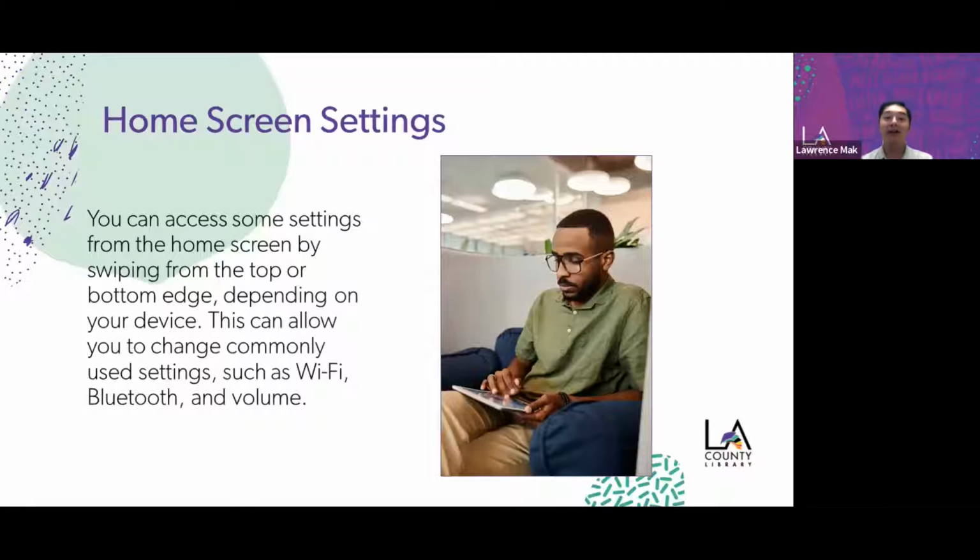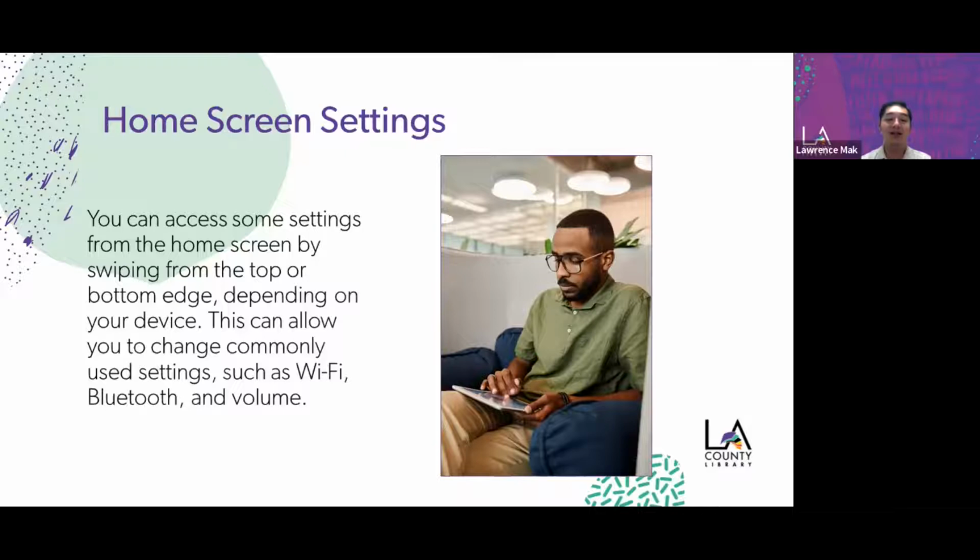And basically everything else is controlled through touch settings on the home screen. So basically, the home screen provides a lot of interesting settings. You can access some settings from the home screen by swiping from the top or the bottom edge, depending on your device.